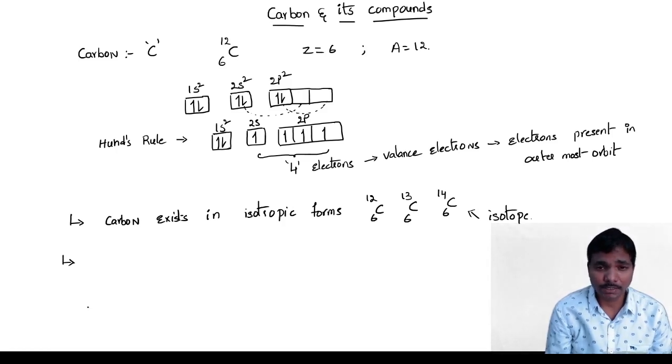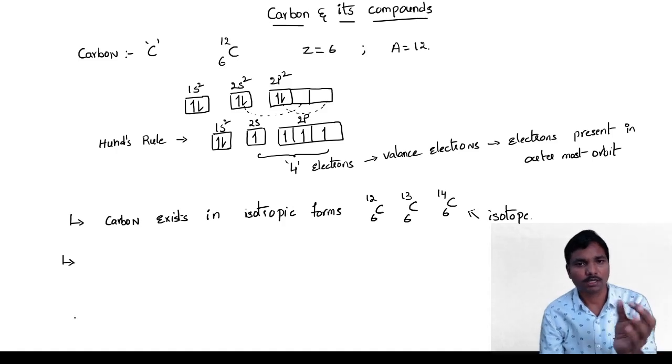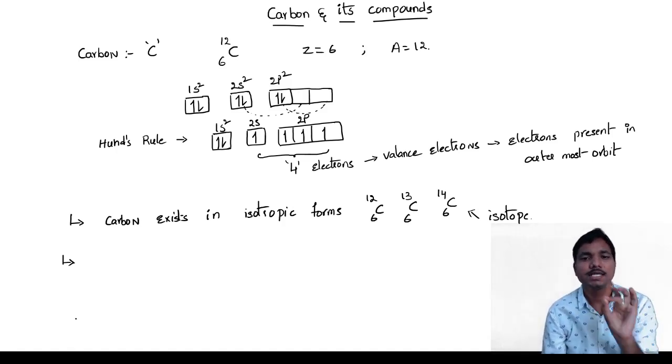Carbon also forms different structures, that is, the allotropes of carbon: graphite, diamond, C60.